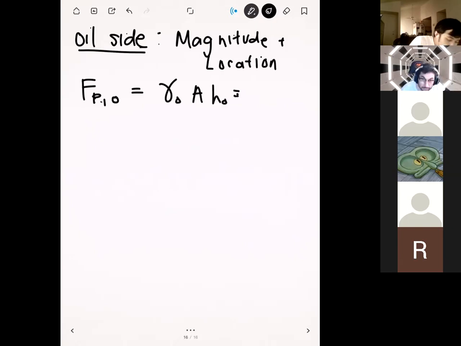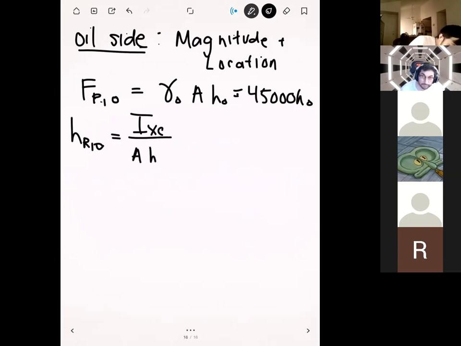Since we don't know HO, we can leave it as a variable, so it's 45,000 HO. And the location HRO will be equal to IXC divided by A HO plus HO. We plug these in, and we get 3/4 HO plus HO.